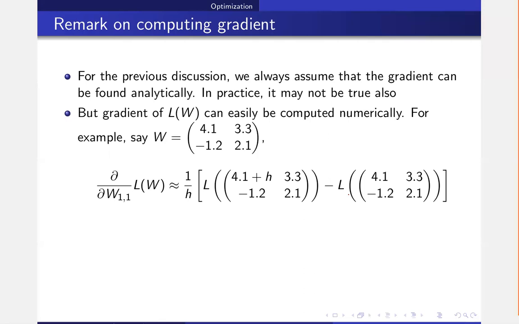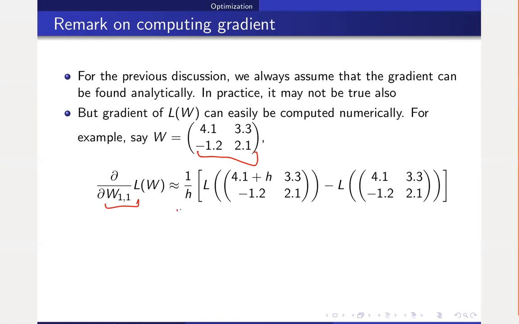For example, if I'm at a point here and I want to find the gradient, the gradient will be the partial derivative with respect to each of the components, right? So let's say I want to take the derivative with respect to the first component.